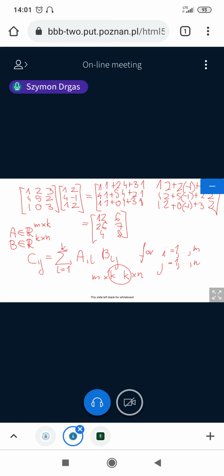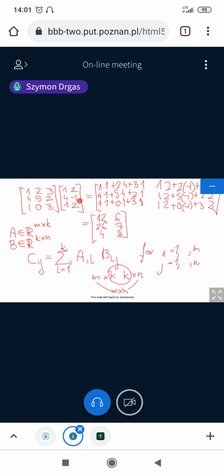So if they are equal, we can multiply them, and the result will be m by n.